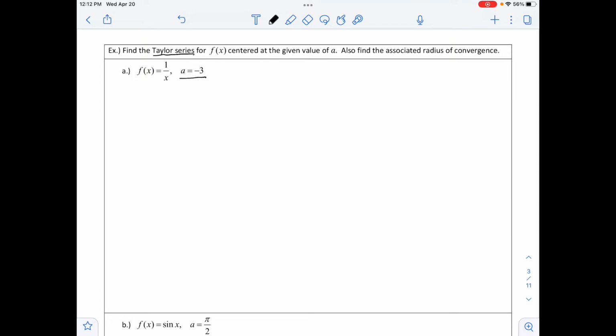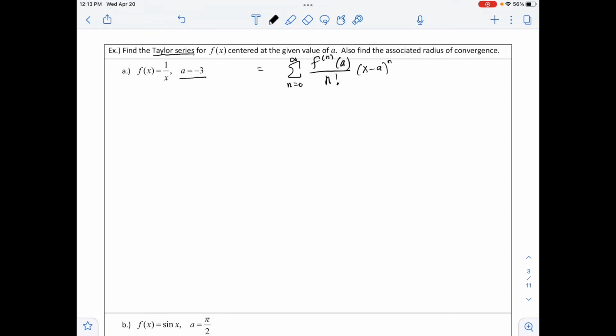So we need to write out our Taylor series, and so we know that this is going to be equal to the sum from n equals 0 to infinity of the nth derivative evaluated at a divided by n factorial times x minus a raised to the nth power.